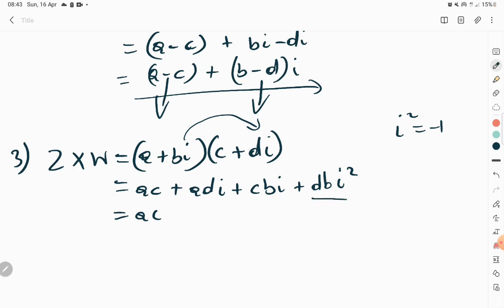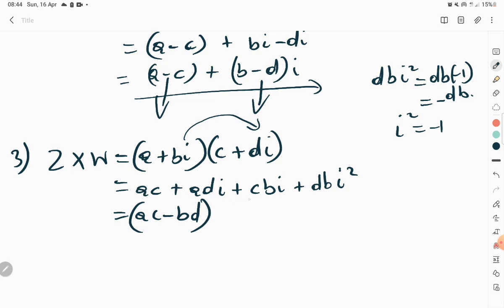So dbi squared is the same as db times -1, which is -db, or -bd, it doesn't matter. Then you can group them up.